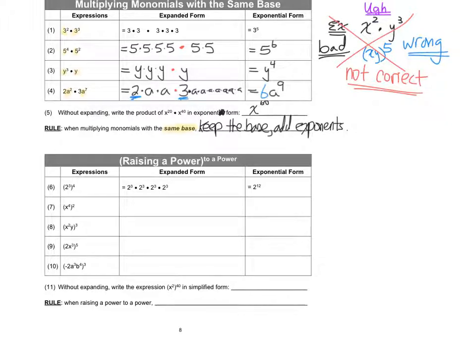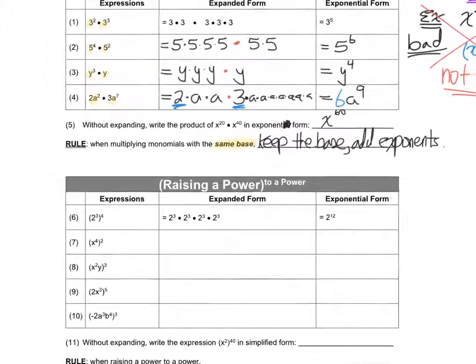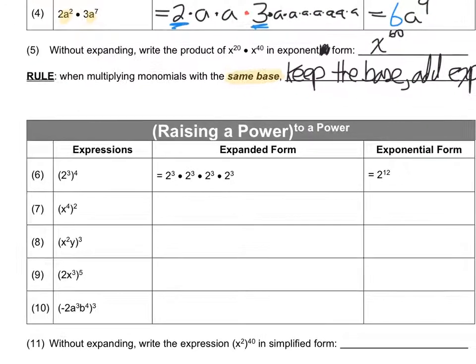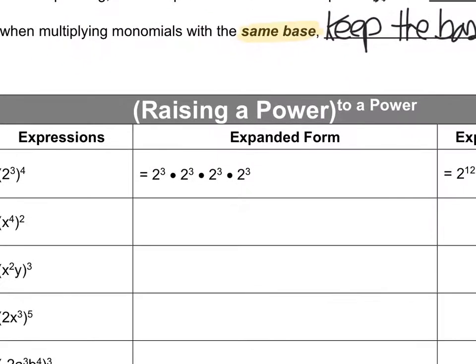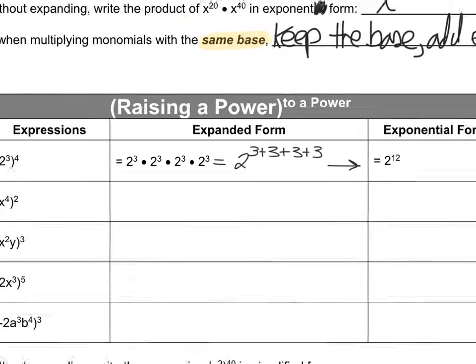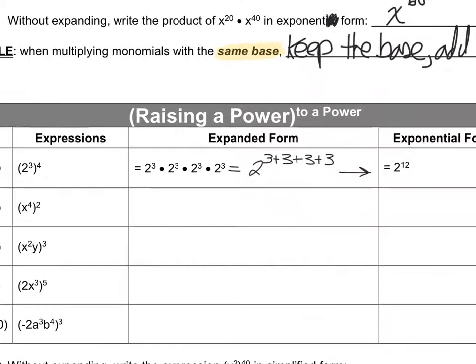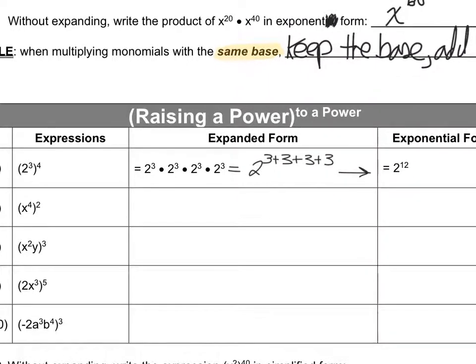If you're using the process we just talked about, keep the base and add the exponents, that would be 2 to the 3 plus 3 plus 3 plus 3. So you could get your 2 to the 12 that way.